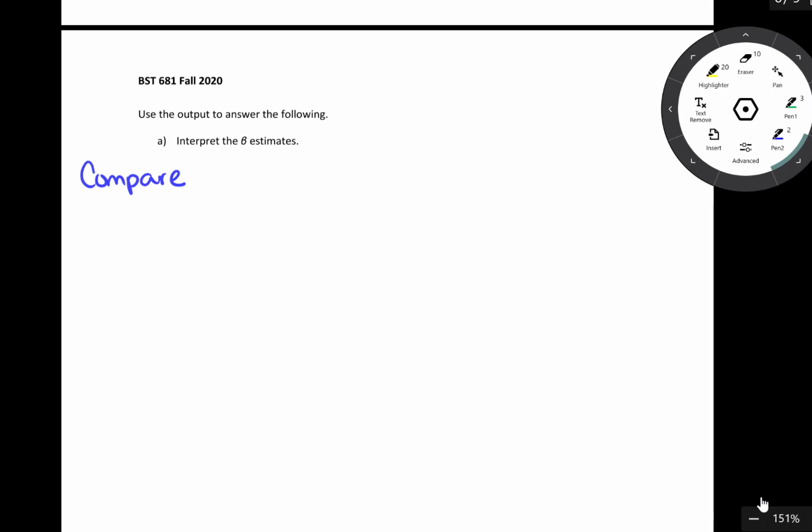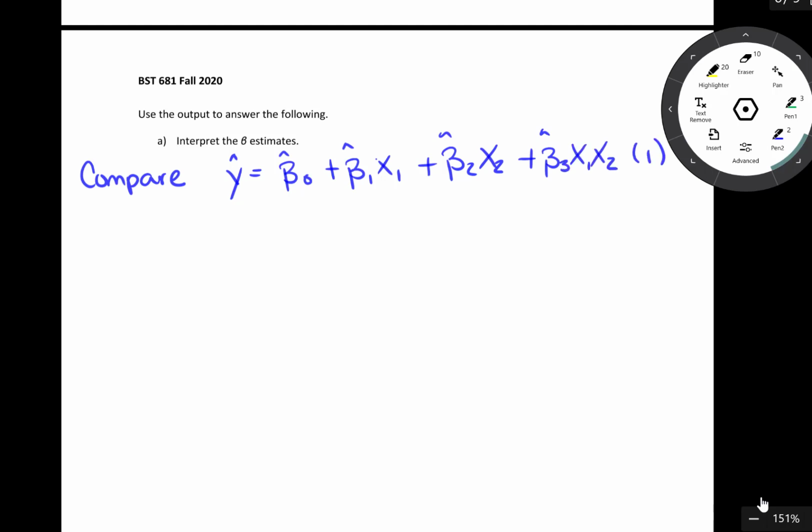We are going to compare y hat equals beta hat naught plus beta hat 1 X1 plus beta hat 2 X2 plus beta hat 3 X1 X2, and I'm going to call that expression 1. So let's see what happens when we increase X1 by 1.